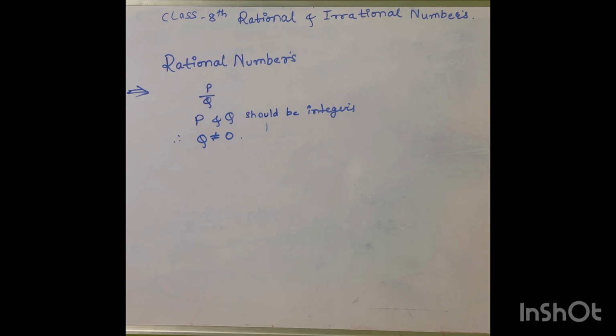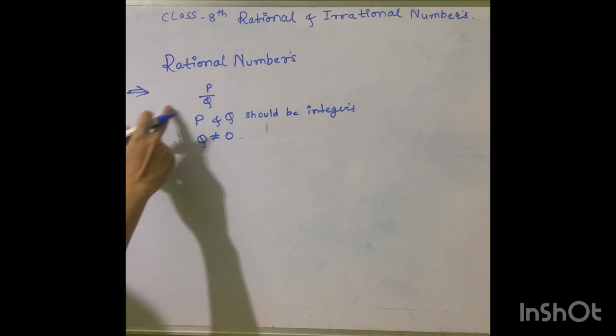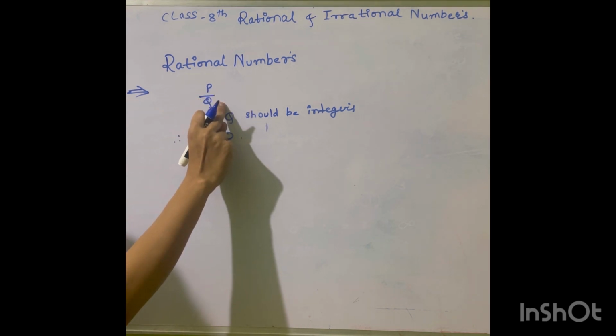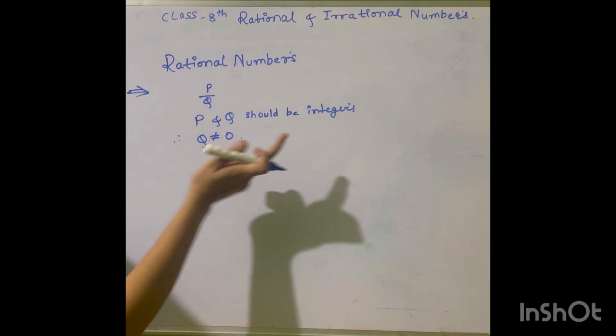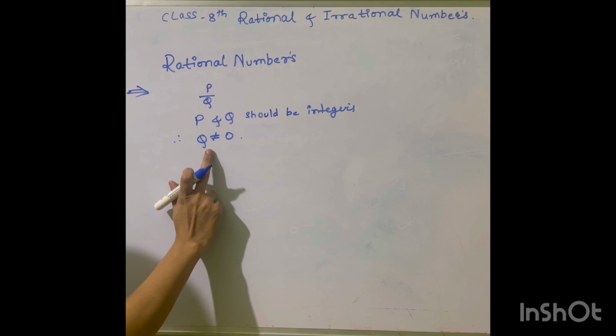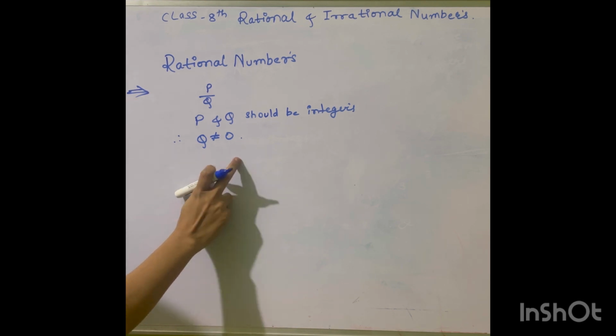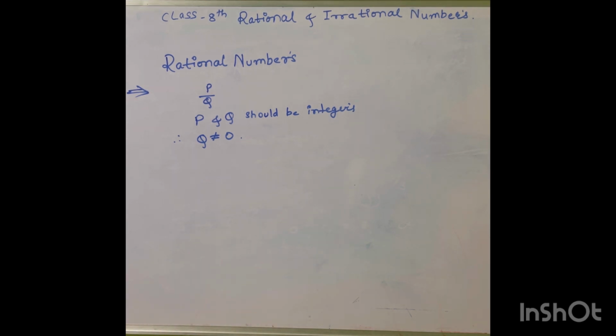Let's see again: the numbers that can be written in the form P by Q where P and Q should be integers, and the third condition is where Q is not equal to 0. These are called rational numbers.